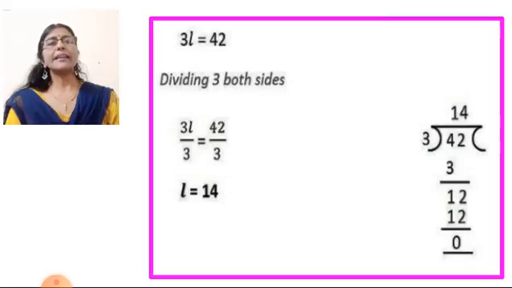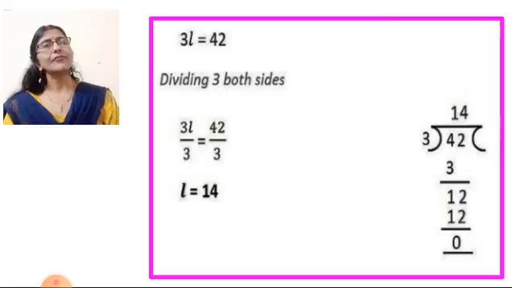So 3 by 3 cancels, you will get 1 there. 1l can be written as l also, and 42 divided by 3, you can see the division on the right hand side of the slide. It is 14. Or if you know the table of 14, you know 14 3s are 42. So we got the value of l as 14.